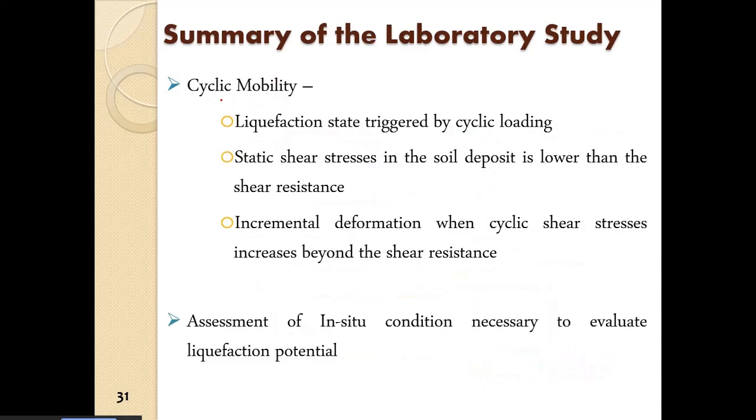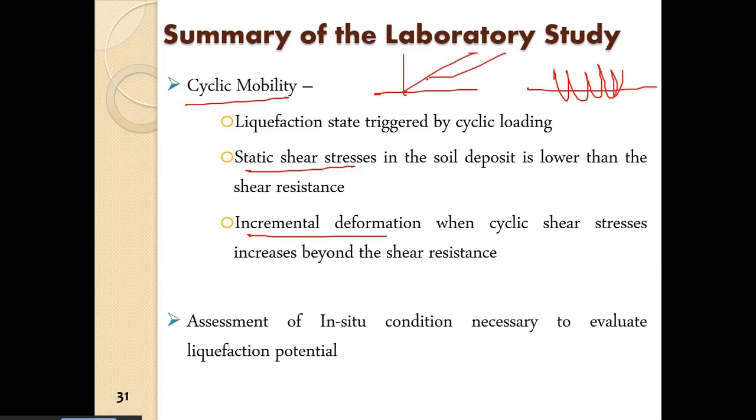Now in cyclic mobility, what we have observed is that the liquefaction state is triggered by cyclic loading. All right, so there has to be cyclic loading, and the static shear stresses in the soil deposit are lower than the shear resistance, so there is only incremental deformation. So we saw that in the flow liquefaction surface.